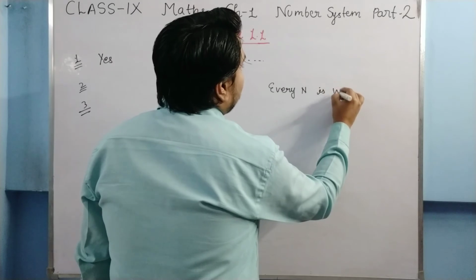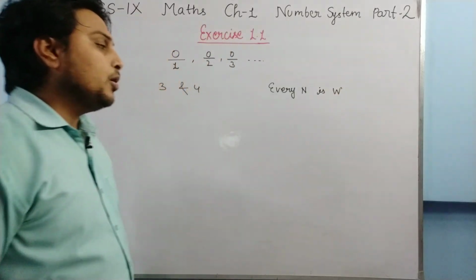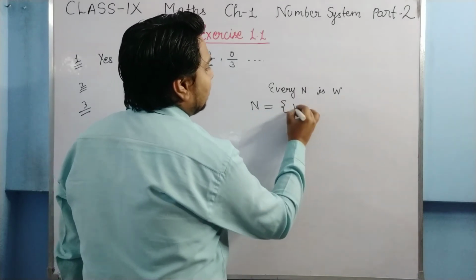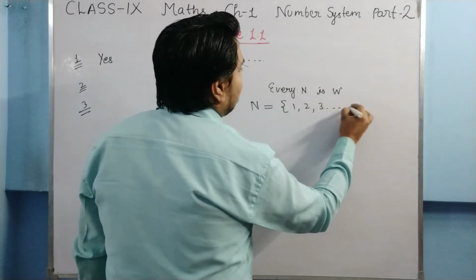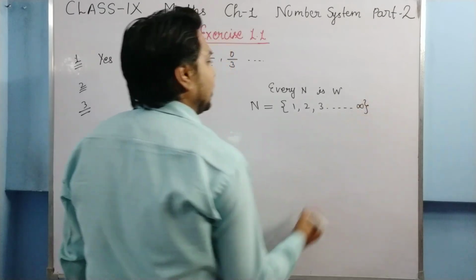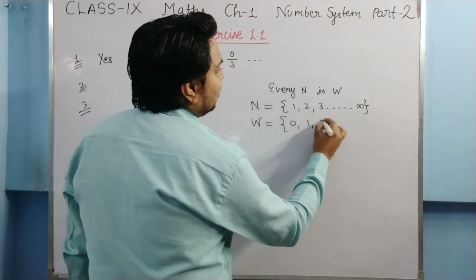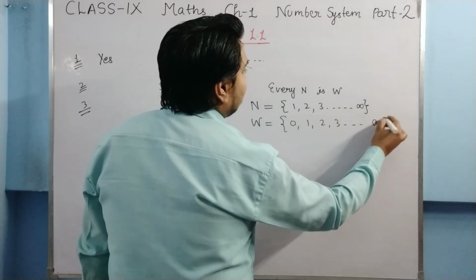Yes, because we have seen that in the set of natural numbers the numbers are started from 1 to infinity, and in the set of whole number the numbers are started from 0, 1, 2, 3 and so on till infinity.